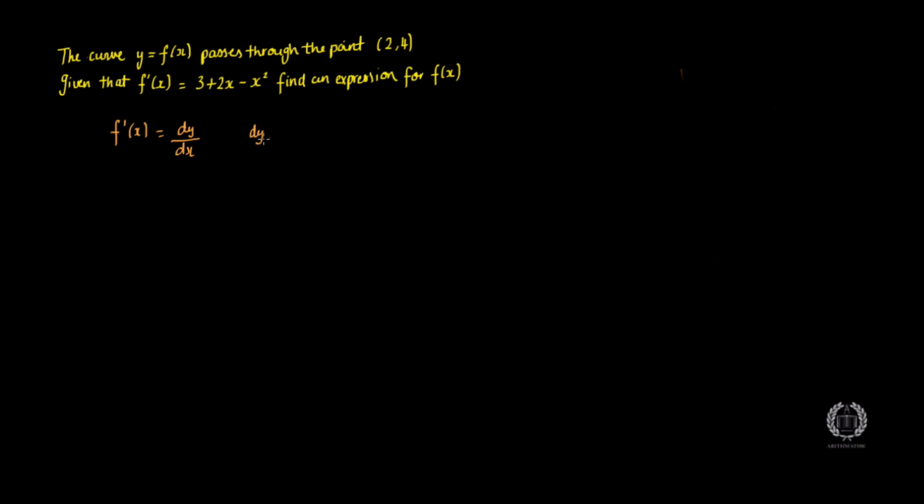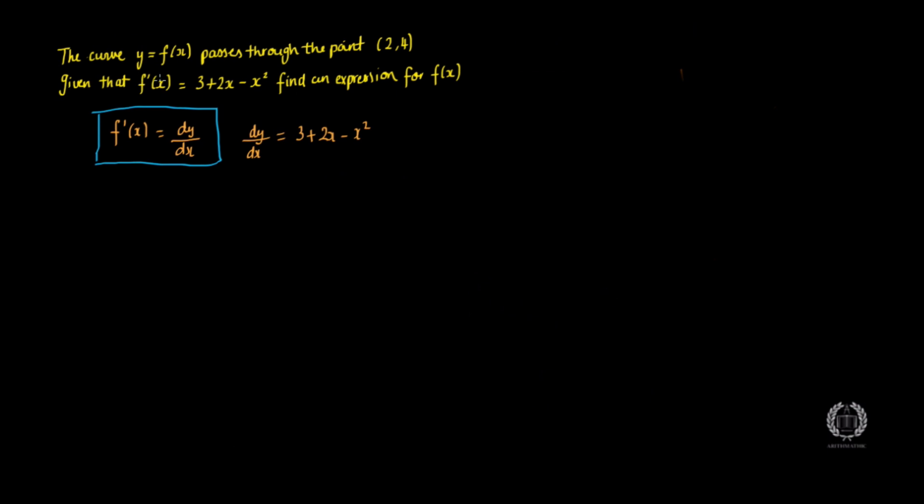They could also rewrite it as dy dx is equal to 3 plus 2x minus x squared, which are the same thing. So the differential equation is this. You've got to remember f dash x means dy dx as well. They're the same thing, so be aware of that.